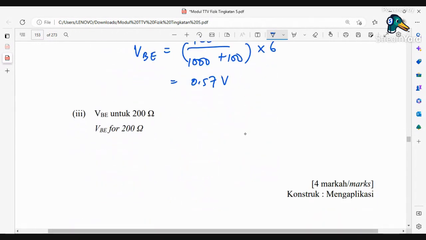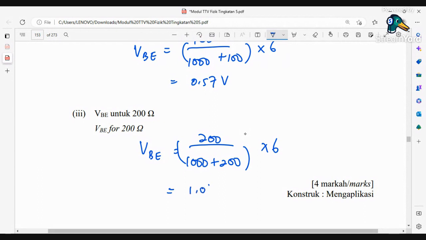If 200, then VBE equals 200 over 1000 plus 200 times 6. Okay, this one we get 1.04.